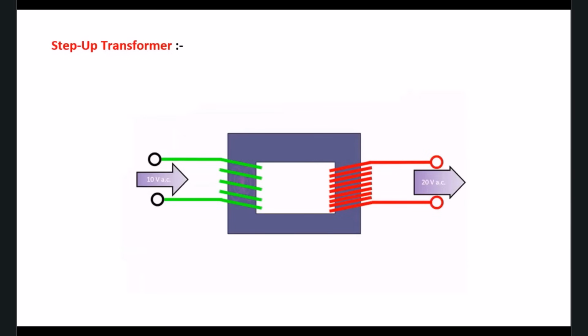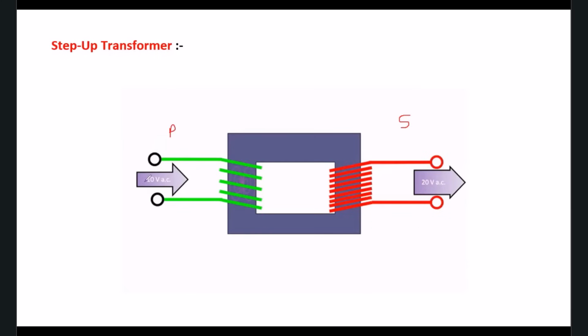And for these types of transformers, let's consider a numerical example. Suppose 10 volt AC is applied at the primary side. Let me annotate. So this is your primary side and this is your secondary side.